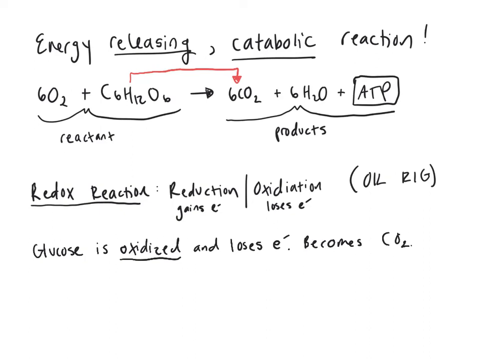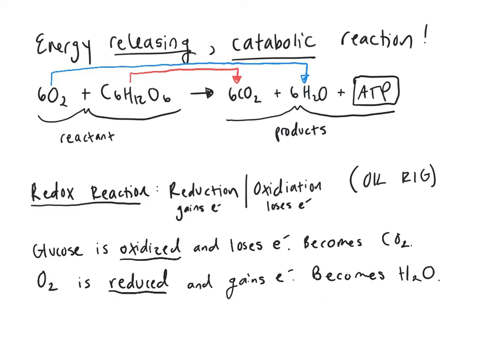So eventually it's going to lose and break all of the bonds in the C6H12O6 and become carbon dioxide. Water, on the product side, is going to actually come from the oxygen on the reactant side. So oxygen is going to be reduced. So all those electrons that come from the glucose are going to wind up in our oxygen, and it's going to be reduced into water.